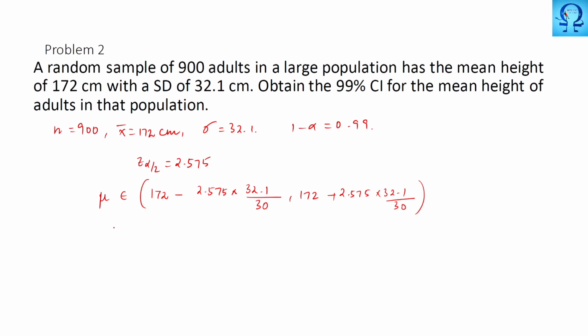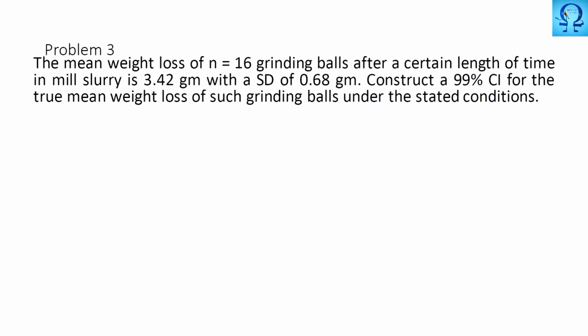This is the simple ideology. And here the n value is 16. When n is smaller than 30, it is considered as small sample, therefore here we will have to make use of student t distribution. After a certain length of time in a mill, the slurry is 3.42 gram with standard deviation.